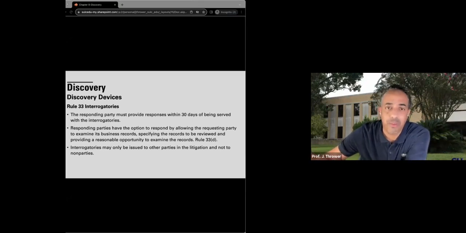They can also specify the records to be reviewed and give the requesting party a reasonable opportunity to review or examine those records. It's important to know that interrogatories may only be issued to other parties in the litigation. Interrogatories may not be issued to non-parties.